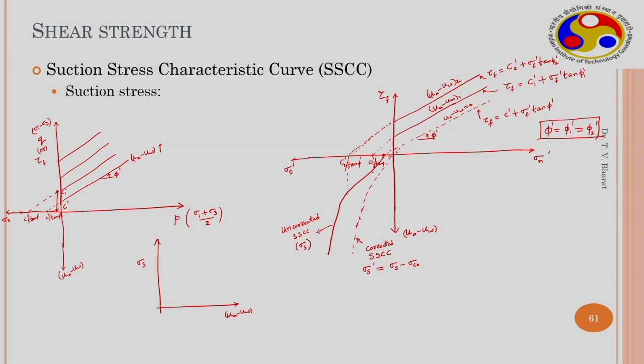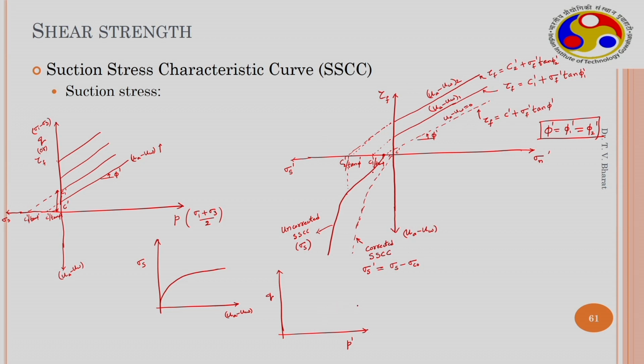This essentially, the variation is somewhat like this, and also we can plot Q, the deviatoric stress, versus P dash, that is the effective mean stress.